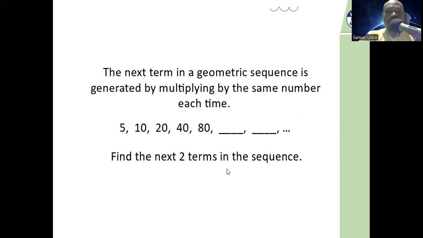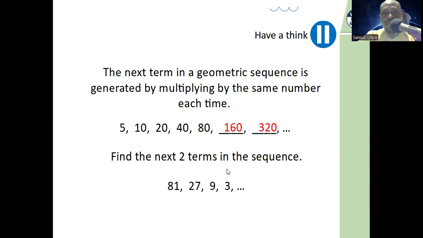So if you're told to find the next 2 terms in the sequence, you can just multiply by 2. Then this one, it's also possible to multiply by a fraction. Here you see that it looks like we're dividing by 3, but take note that dividing by 3 is the same thing as multiplying by 1/3.